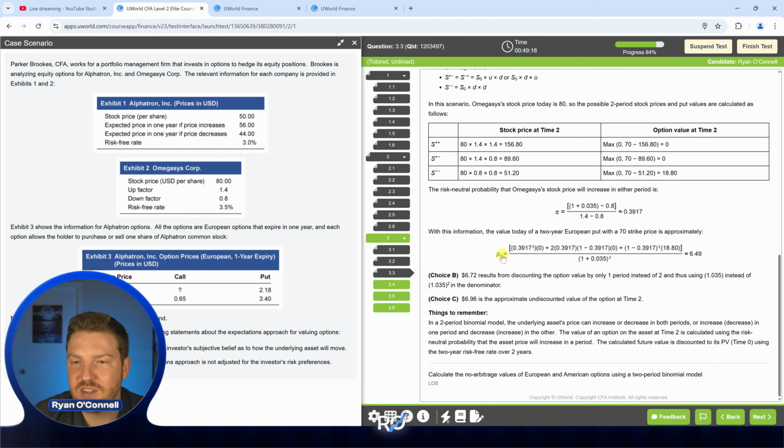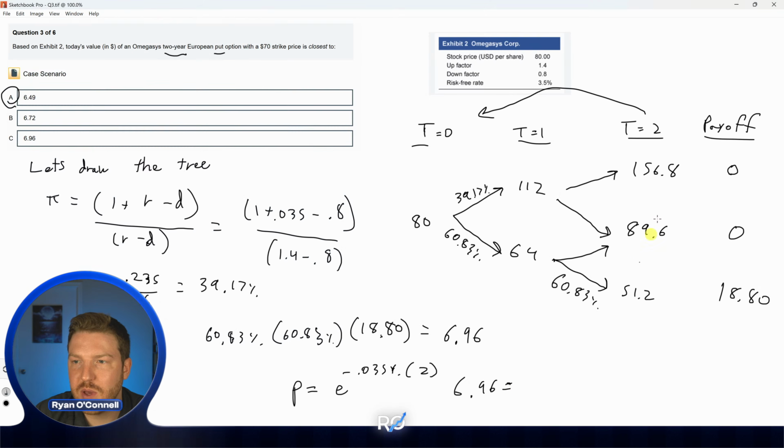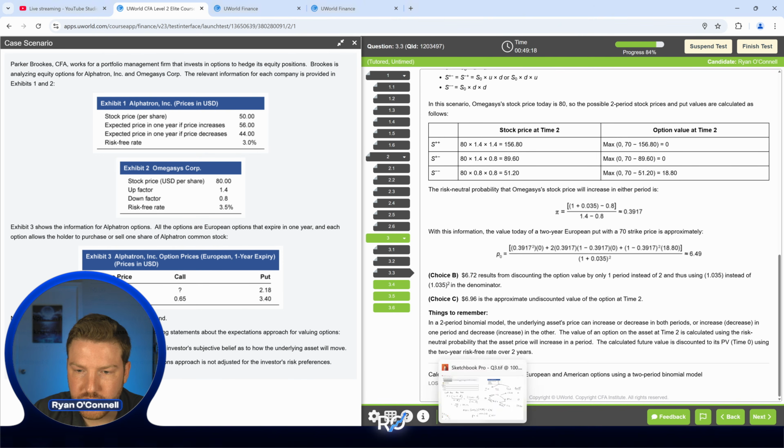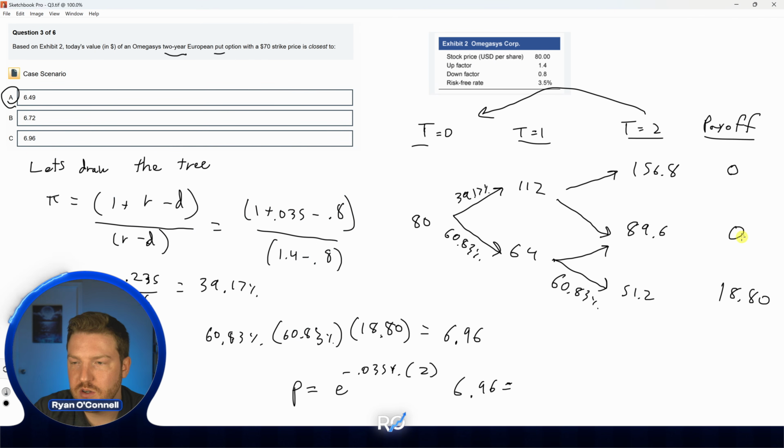In the answer, they showed this super long formula of what you could use if there were more payoffs. Basically, in this one, if the payoff wasn't 0, you would have had to do 39.17% squared, because that would have had to happen twice to get that payoff, and then you would have multiplied it by the payoff. But since the payoff was 0, I just didn't do it at all. And for this one, the payoff was 0, so I didn't do it at all.